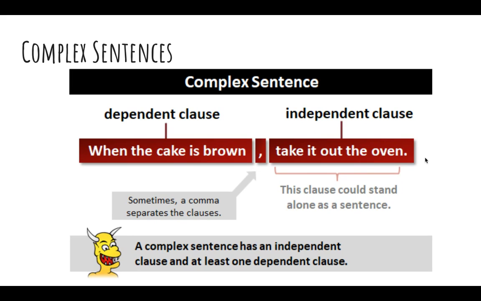That should say take it out of the oven. This independent clause could stand alone by itself, but with this dependent clause, it makes a complex sentence. So a complex sentence has one independent clause and at least one dependent clause. And usually they're separated by a comma.